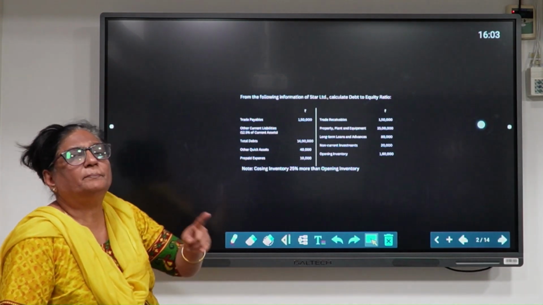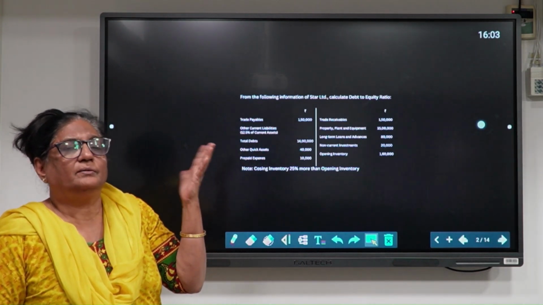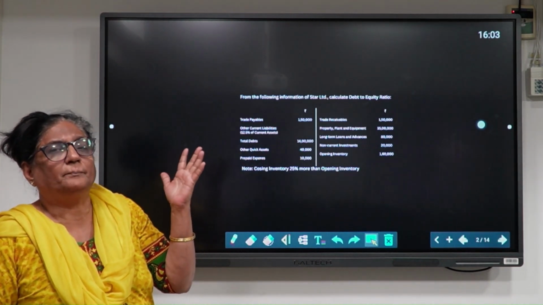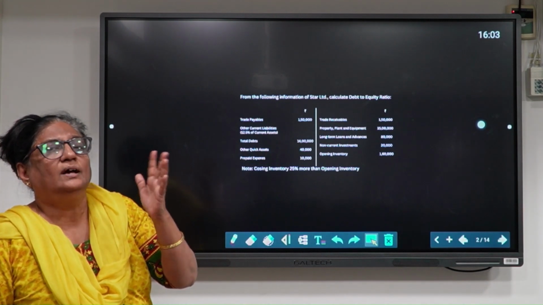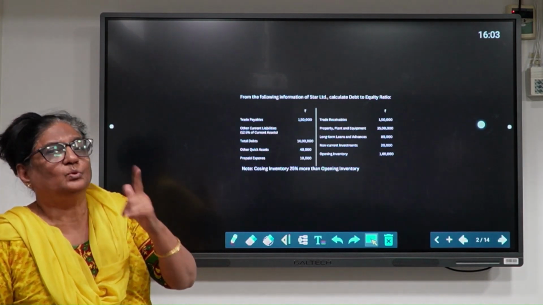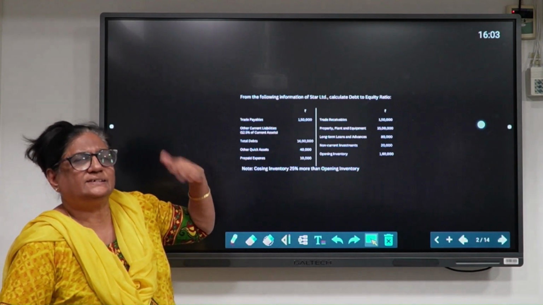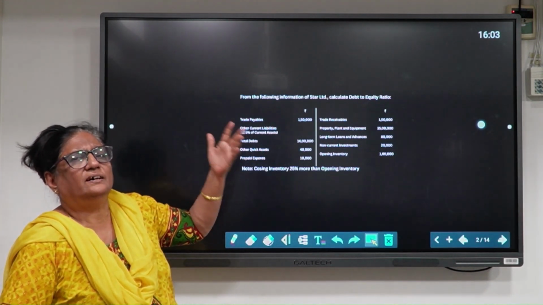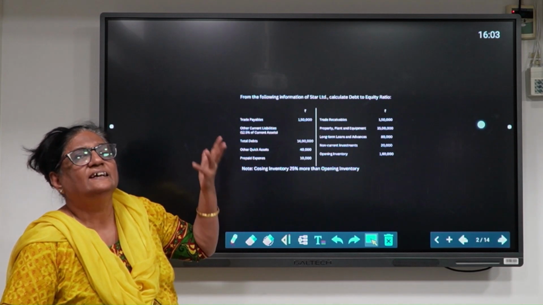Property, plant and equipment. Now, when I start with Schedule 3 of the Companies Act, Part 1 of the balance sheet, as per the Companies Act of 2013, we will not say it anywhere. Still, some of the books are with the old edition only, with fixed assets.